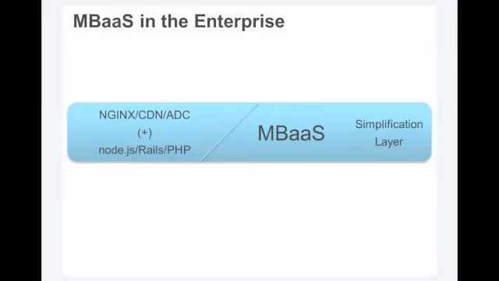So for instance, in Node, I can have an asynchronous way to do my integration between a service that might use SOAP and one that uses XML-RPC, and translate that into a JSON package that gets sent to my clients.